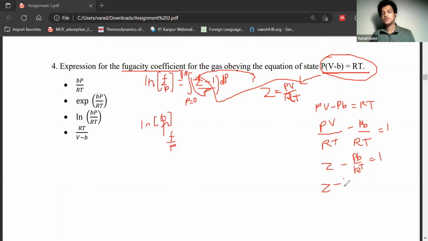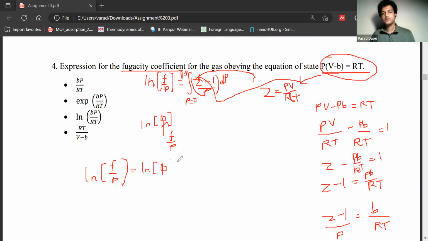So Z minus 1 is equal to Pb by RT. Okay. So (Z minus 1) by P is equal to b by RT. So ln of f by p, which is ln of the fugacity coefficient, is nothing but the integral from p equal to 0 to p equal to p, and just plug in this value b by RT.